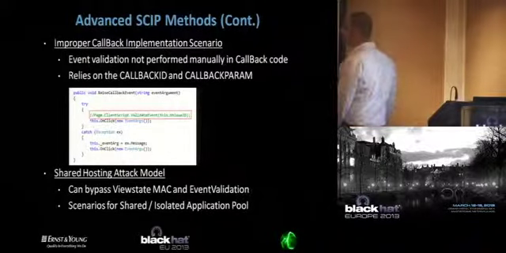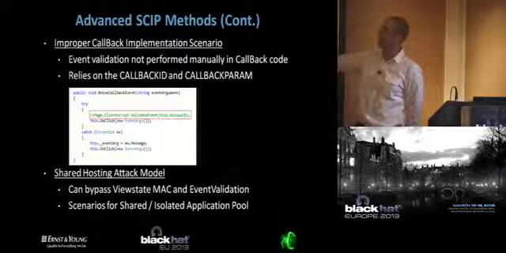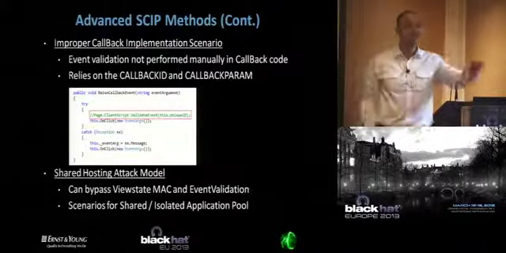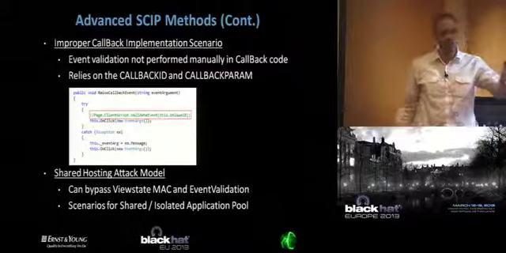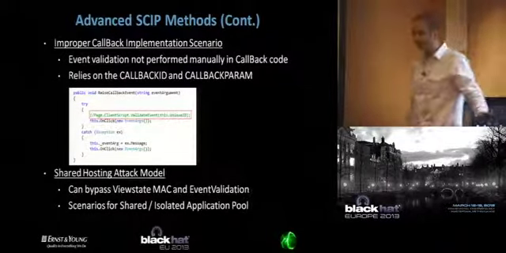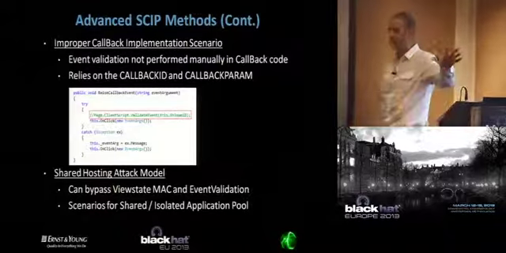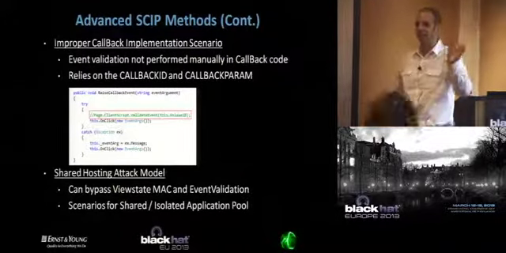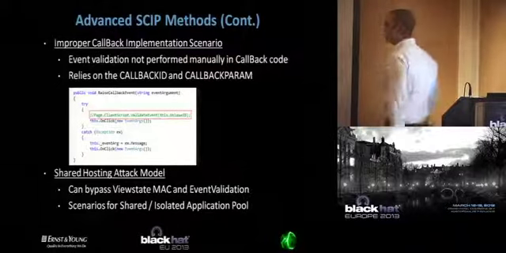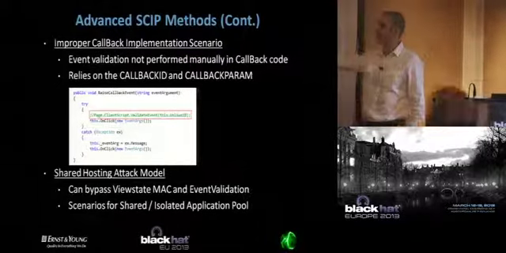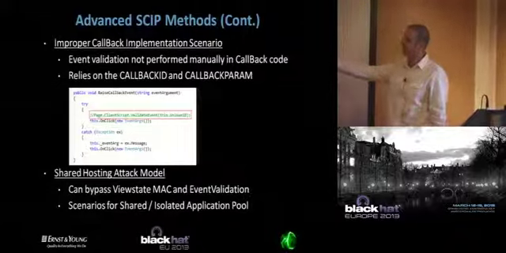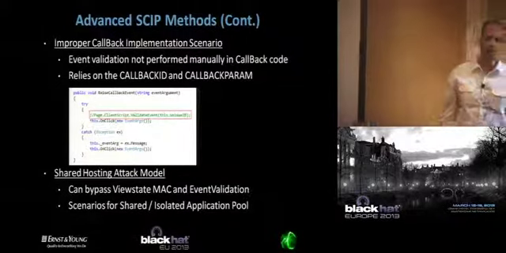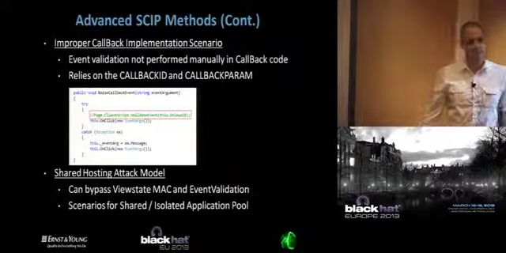However, in the case of callbacks, the developer is actually implementing the entire callback event on the server side, including the event validation. So if for whatever reason he wanted to make list boxes or combo boxes dynamic, he had some exception and thought the event validation feature was the one causing them. If the developer either comments out or deletes the code level validation, the attack will work regardless of any configuration in that page.